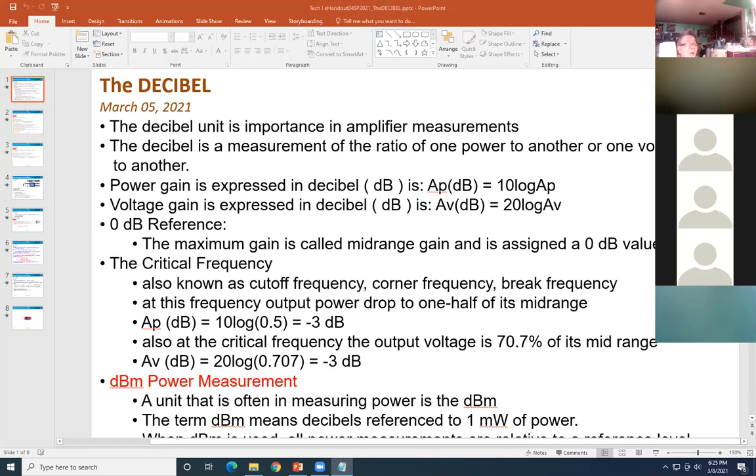Power gain is expressed in decibels: AP in dB equals 10 log of AP. Voltage gain expressed in decibels: AV will be 20 log. Okay, now we'll see. You get AP.